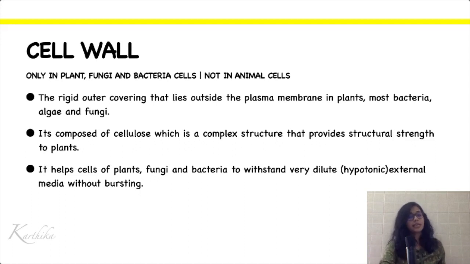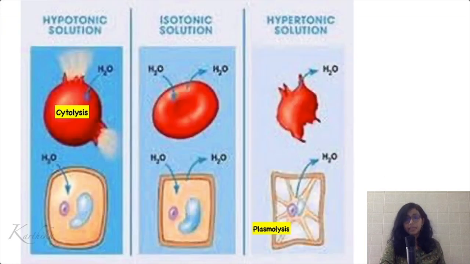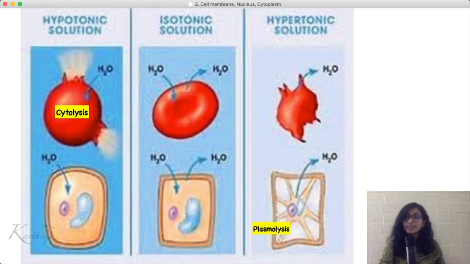Now cell bursting can happen in animal cells if it goes unchecked. And why does that happen? Because in animal cells, we already learned that there is no cell wall. So in the absence of a cell wall, if an animal cell is put into a hypotonic solution for a long time, it leads to cell breakage, bursting of the cell, and that process is called cytolysis.